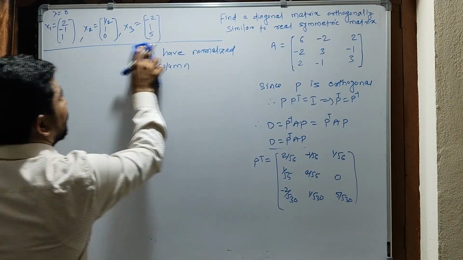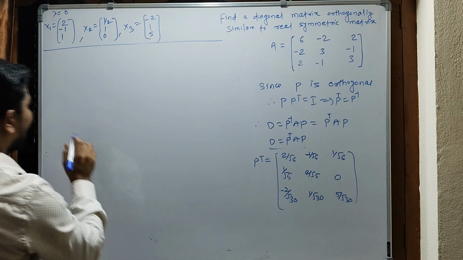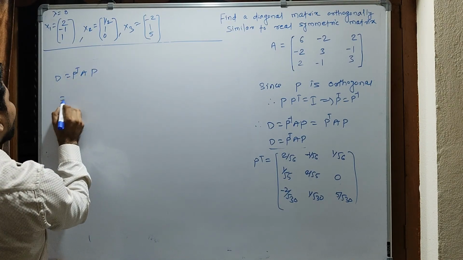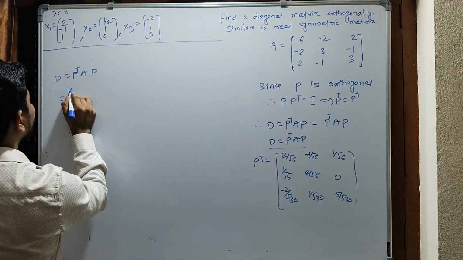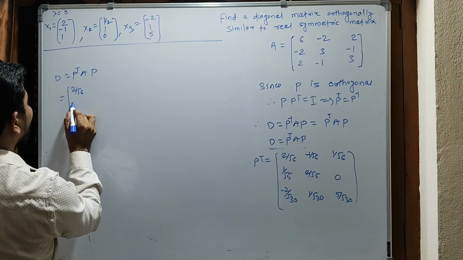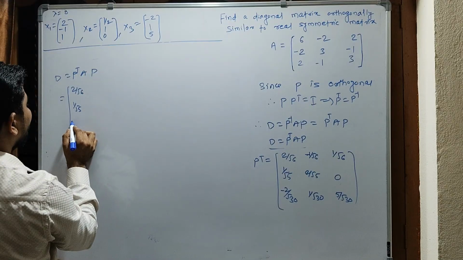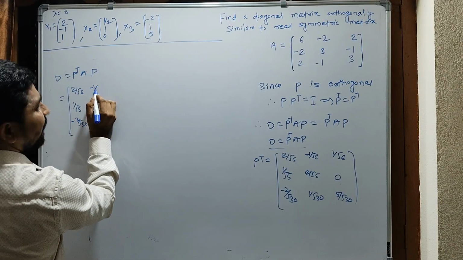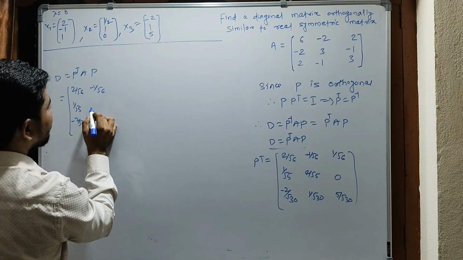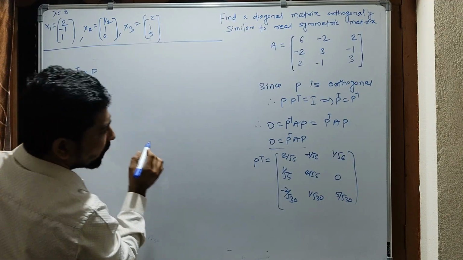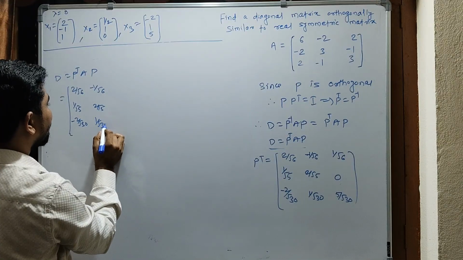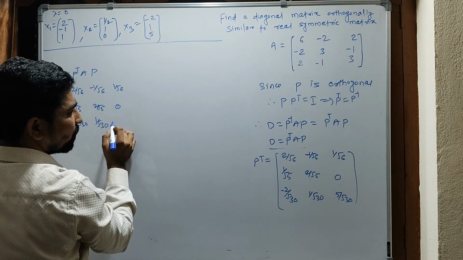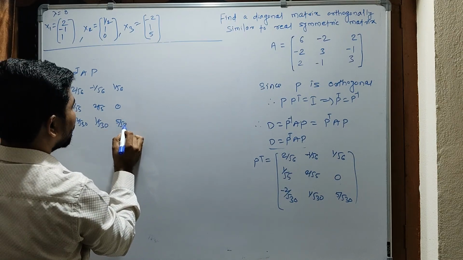I will write D equal to P transpose A P. Here P transpose is 2 by root 6, 1 by root 5, minus 2 by root 30; minus 1 by root 6, 2 by root 5, 1 by root 30; 1 by root 6, 0, 5 by root 30.